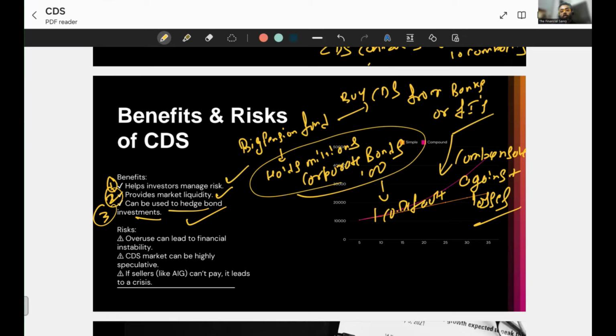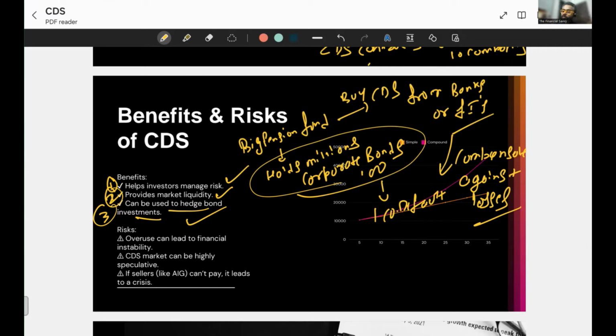The hedge funds had already bought the CDS at very low prices. When CDS prices went up in the 2008 crisis, they sold all the CDS in the secondary market and booked a huge profit. That's the way they made billions. Although a lot of companies went bankrupt, some hedge funds made billions of dollars with the help of CDS speculation.